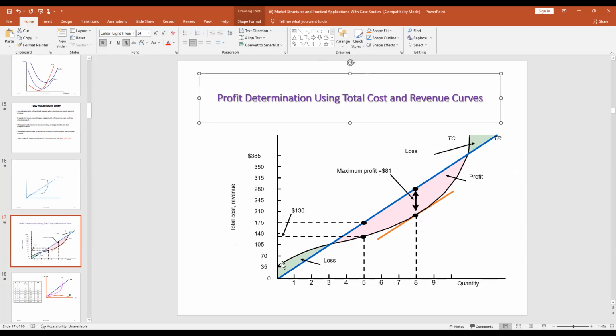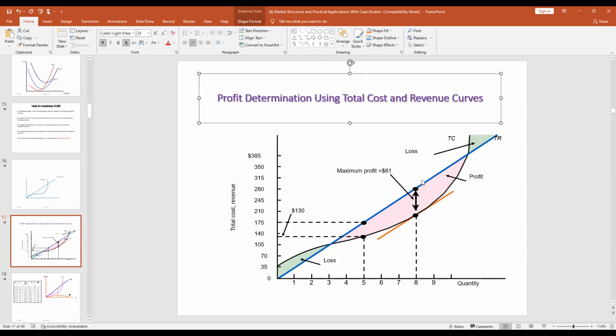This is loss, where cost is higher than revenue. This is what we call loss. But this area is the profit. The highest profit range is coming to this place. How can you find the highest profit?